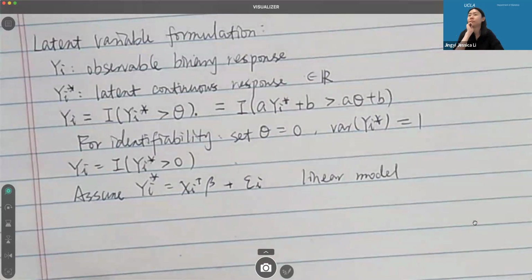Sure. I mean, we think of latent response with respect to each response, like the response being 0 versus the response being 1. What do you mean? So you're talking about the observable response, that is binary. Yeah.